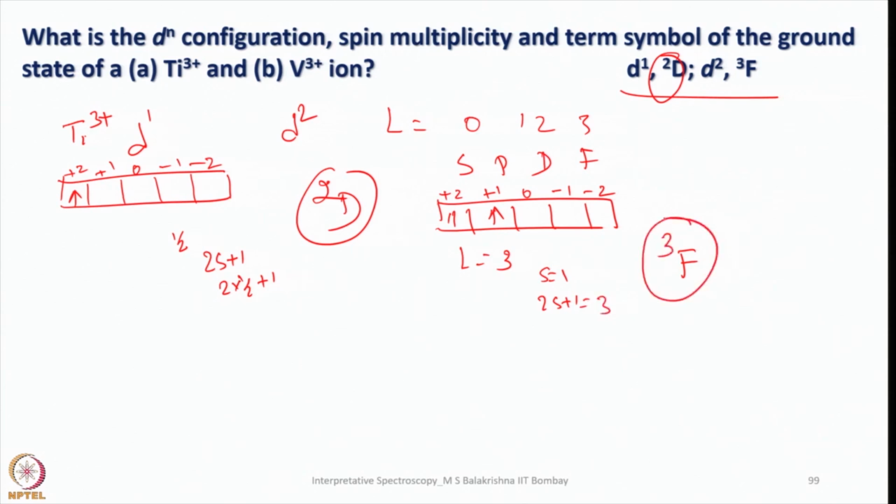So this is how the ground state term symbol is obtained, with spin multiplicity 3 and 2 in these cases. All these things can be done easily provided you identify the oxidation state in the metal complex and then find out what electronic configuration is there, simply find out the L value, S value, and then the J value if needed, and then you should be able to write the ground state term symbol.